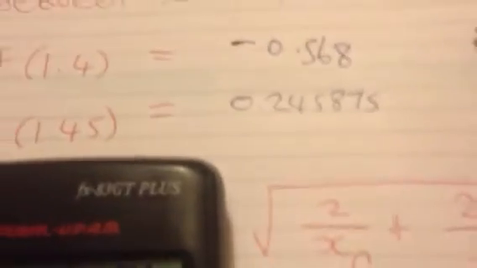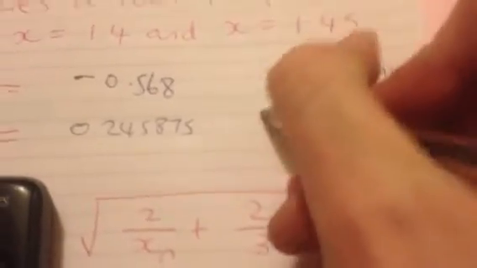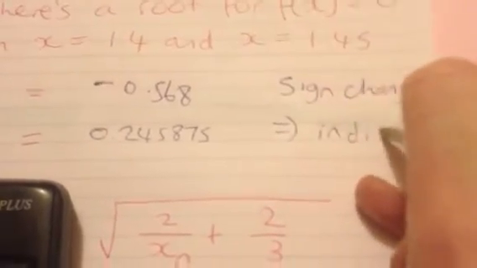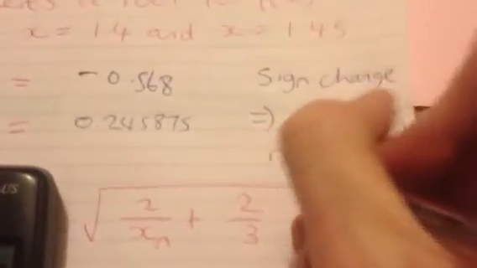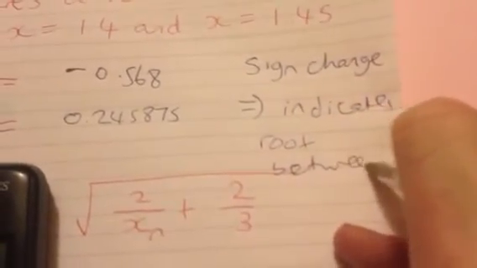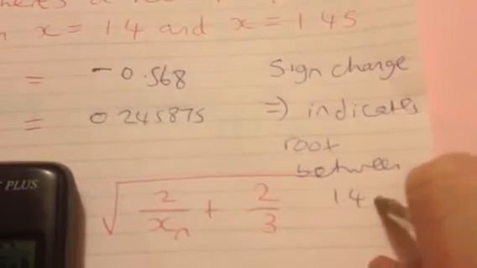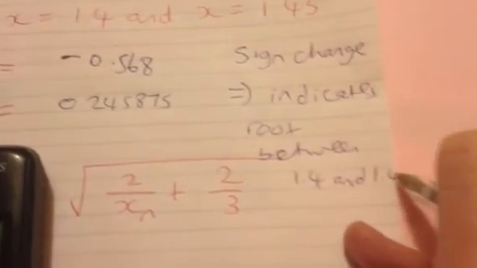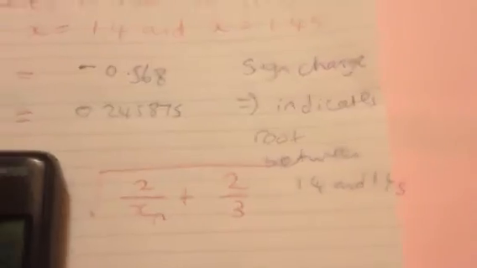So basically, I say there's a sign change, and that indicates a root between 1.4 and 1.45. And that will get you 2 or 3 marks depending on the question.